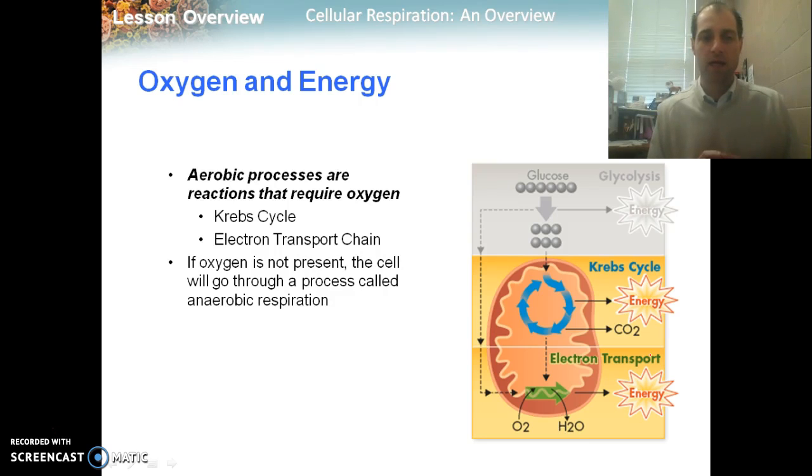And if oxygen is not present, then the cells will go through anaerobic respiration. But we always go through glycolysis. Glycolysis is anaerobic. It does not require oxygen. But it is still considered a part of cellular respiration because we need it for the 2 pyruvic acids to go into the Krebs cycle.